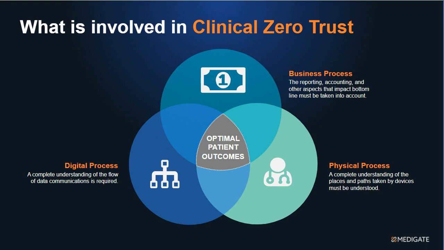But I also have this entire process of how is it billed, how is it accounted for, and even further, how is it run? Some of the AI platforms that are doing scheduling and helping with billing might need access to those devices. So I have to bring all three of these spheres into focus to begin to understand what clinical zero trust could be. It's about bringing the business, the physical process, and the digital process together and creating a trust circle around those.